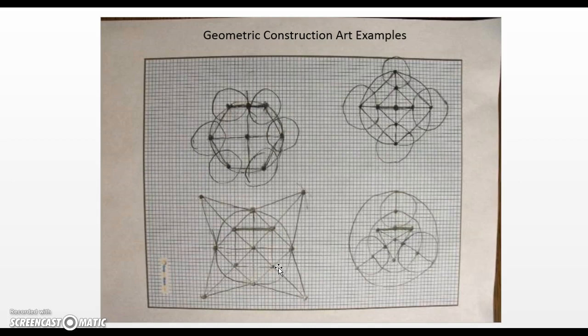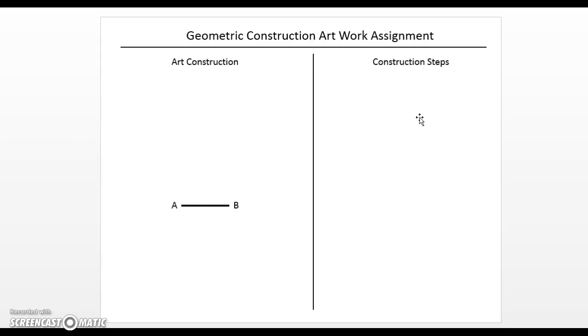Okay, so let's start with this one here. We use this as the example. Okay, so this is the worksheet that you should all have. If anybody needs one, let me know and I'll get one to you. But you start out with your line here, and then you're being based off of that.